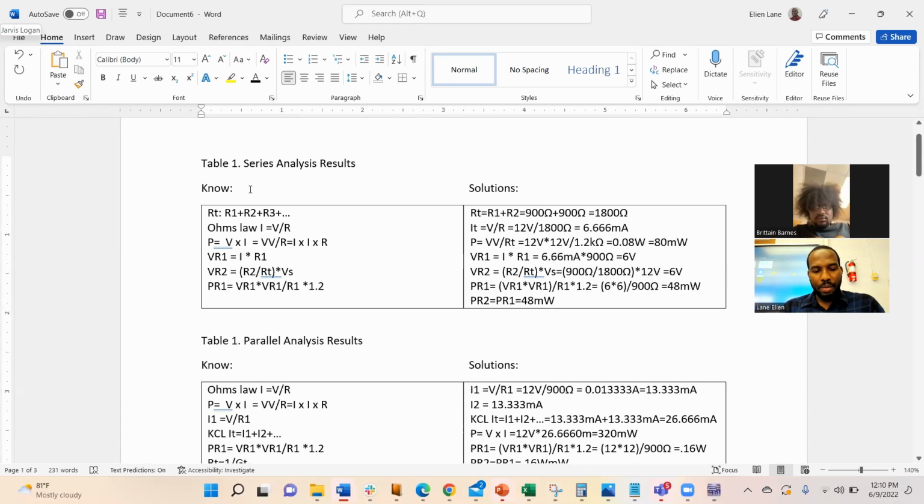So for example, here we can say R1 is equal to 100, R2 is equal to 220, R3 is equal to 1K, VS is equal to 5 volts. So these are the known values. This is what you know for your circuits, right?